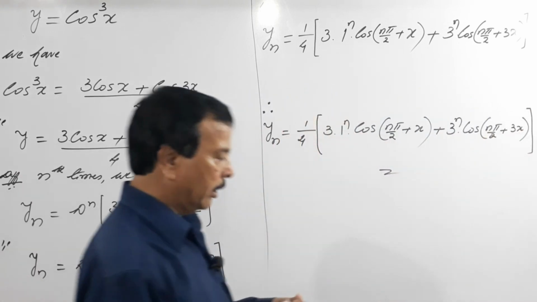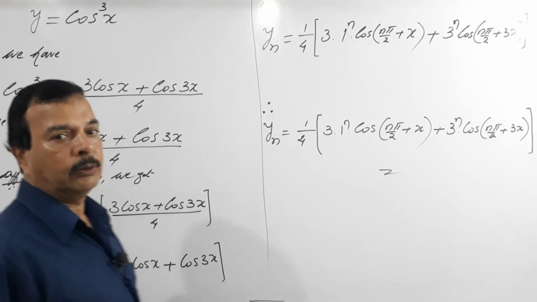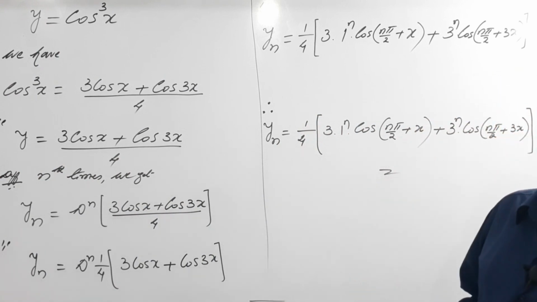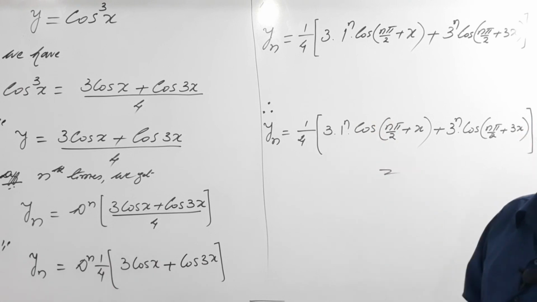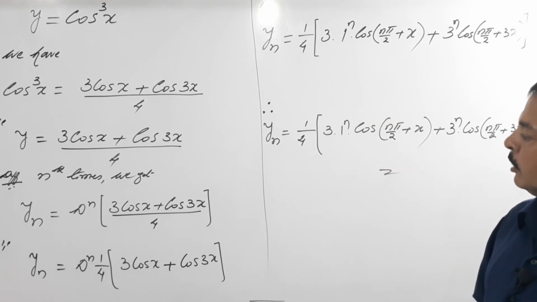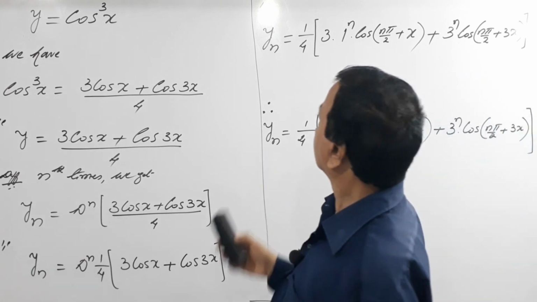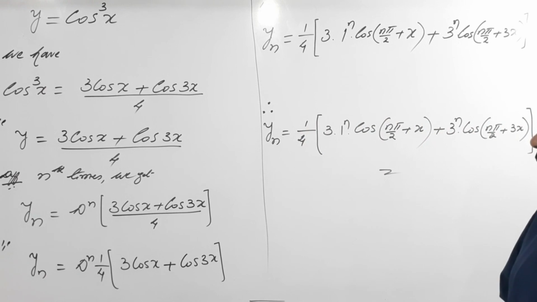This is the nth derivative for cos cube x. So dear students, I want you to work the similar pattern. What will be the nth derivative for sin cube x? Okay, I will do that also. Please make a note of this. I hope you have followed this. Done?